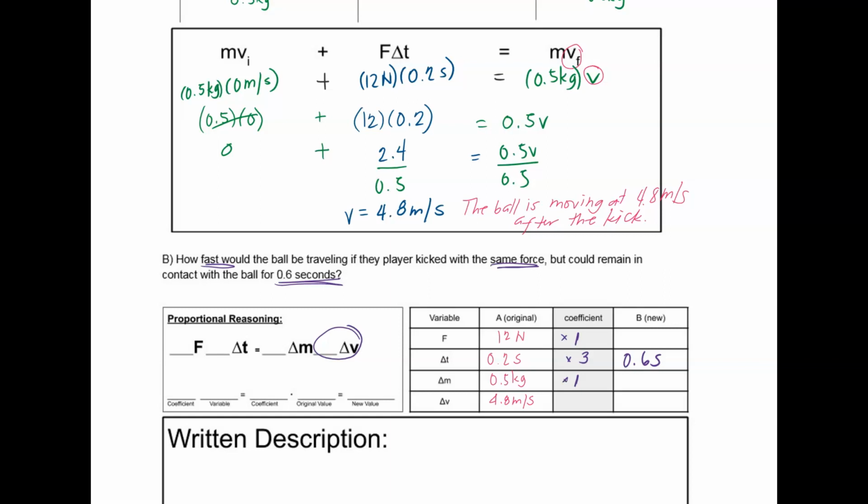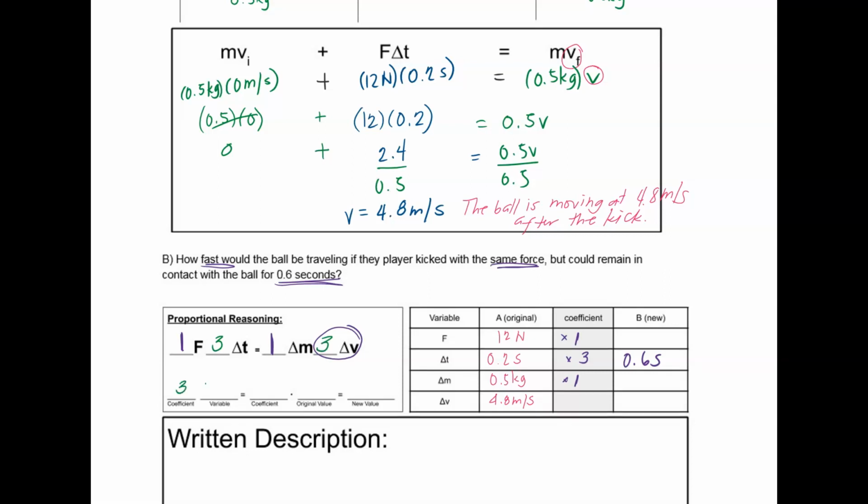All right, so then our force stayed the same, our mass stayed the same, but then we see that our time changed by 3. So that means 1 times 3 is equal to 1 times something, which would also equal this other side, so it must be 3.